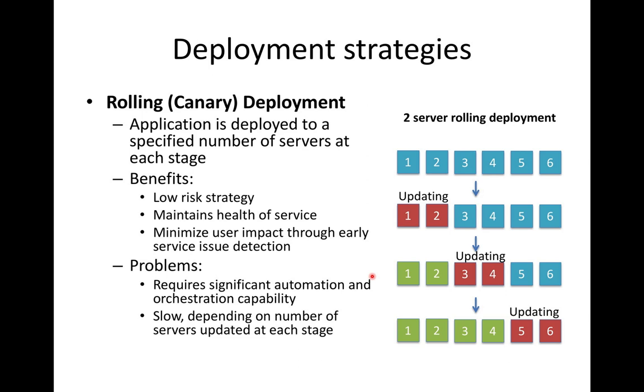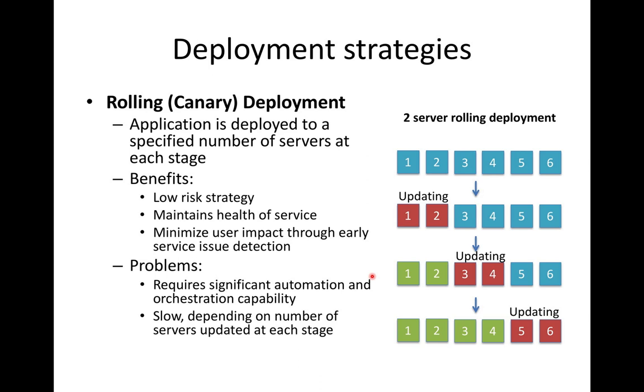So the benefit of a rolling update or a canary deployment is that we're really minimizing risk because we're slowly introducing the software updates in our environment. The downside is that it's simply slow. If we have like 100 servers, it could take a long time. It could take an hour to deploy our software update across the entire pool of servers.